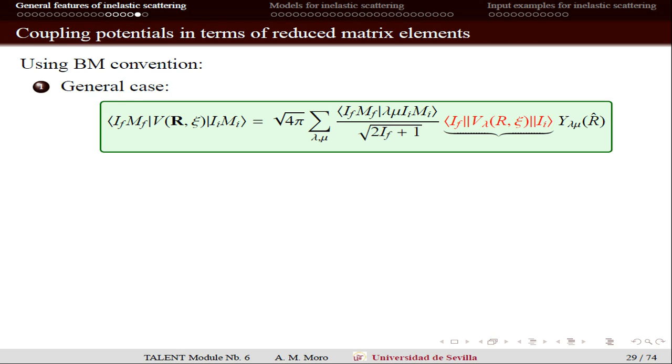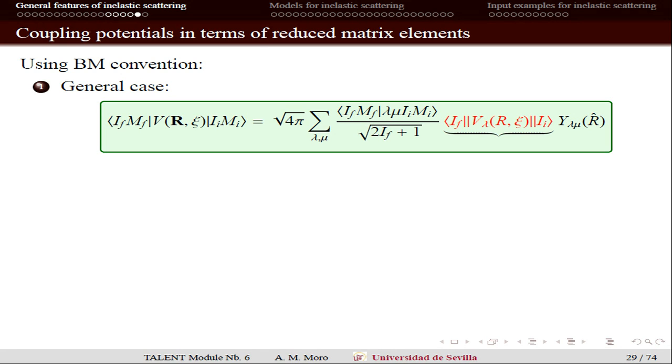Okay, so using this Wigner-Eckart theorem, and going back to our transition potentials, we can now split the matrix element of the potential using the Bohr-Mottelson convention.